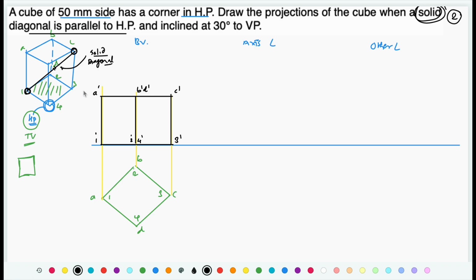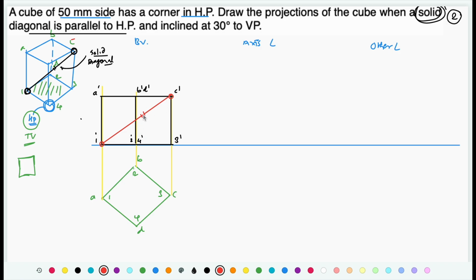Okay, now this solid diagonal is parallel to HP. Now if I try to look at that solid diagonal in this front view, we can see that I have connected 1 with the point C. So this is point 1, this is point C. I will connect those two together and this is the solid diagonal.